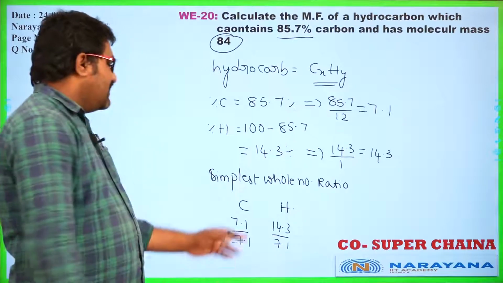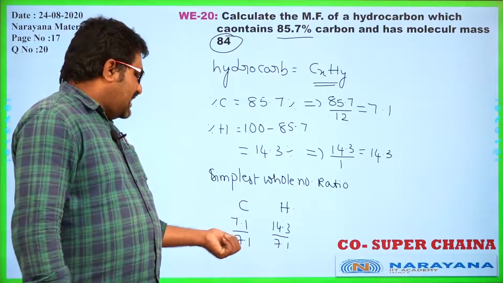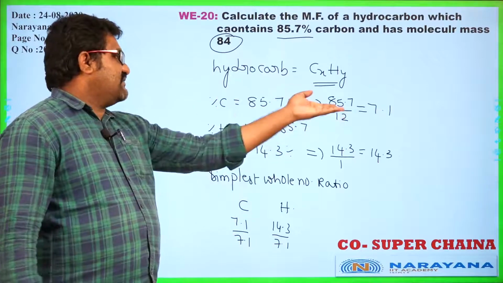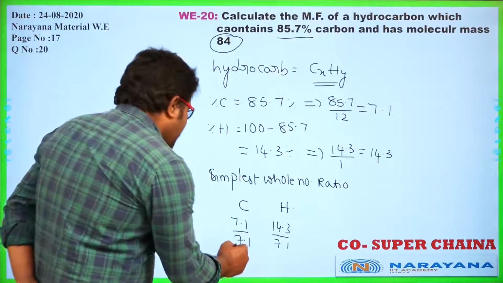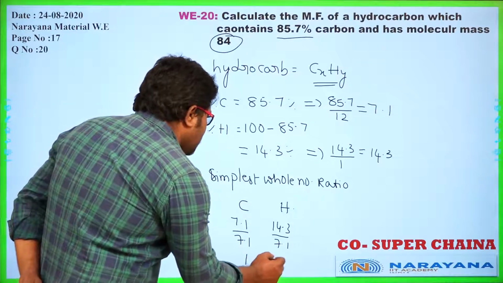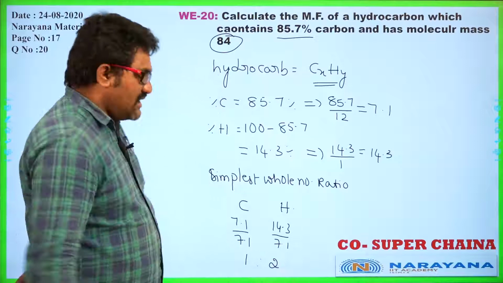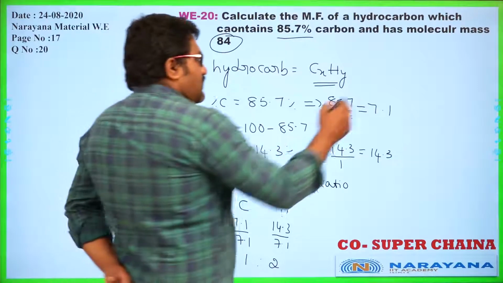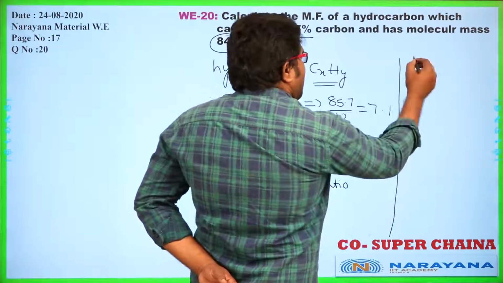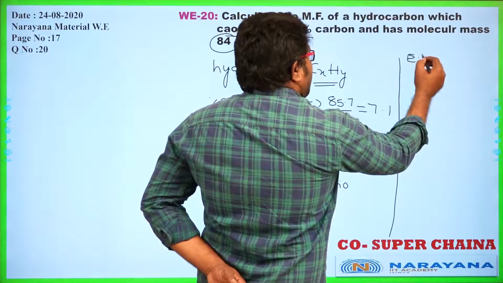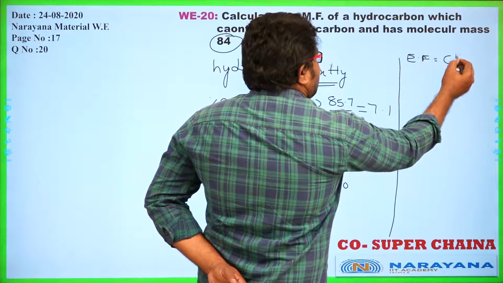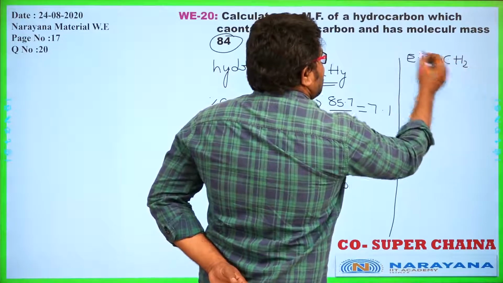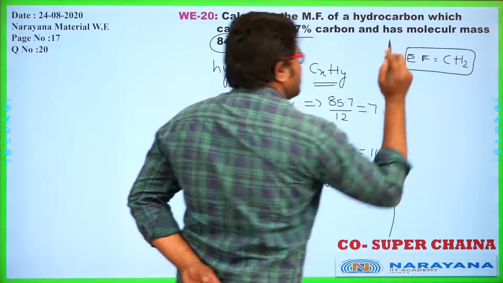We can divide the values with the least value. Here the carbon value is less, so I will get 1:2. Now the empirical formula of the compound is carbon 1 and hydrogen 2, based on the compositions.